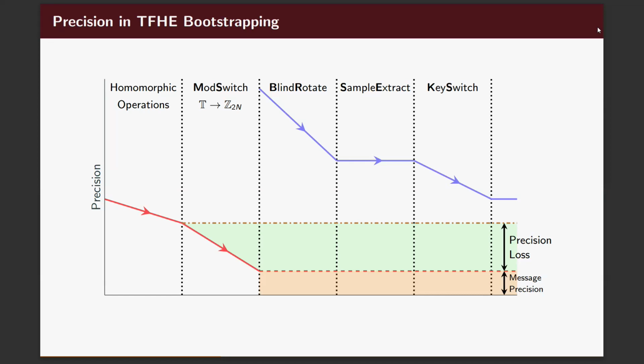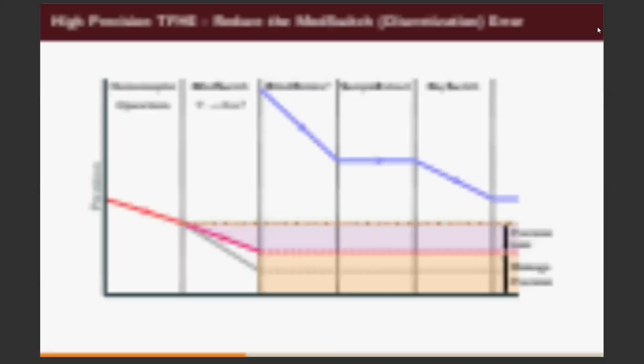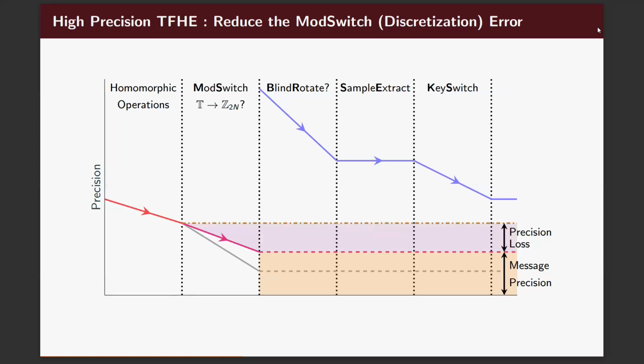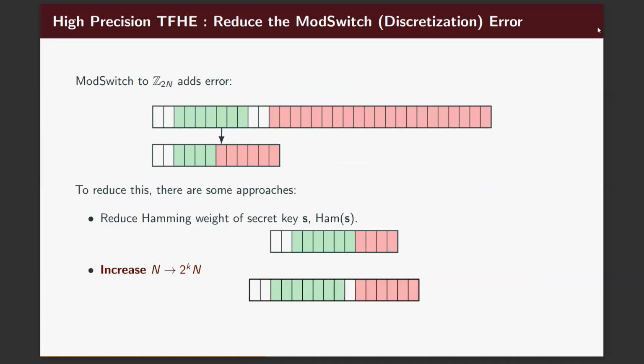A typical value for N would be 10 to the power of 3, which is about 1000. In that case, we can only use a message precision of about 4 to 5 bits. So what we aim for here is to reduce the precision loss that comes from the mod switch by modifying the blind rotation algorithm and the mod switch algorithm, so we can use a larger message space for our ciphertext.